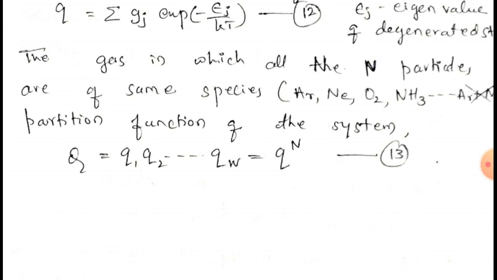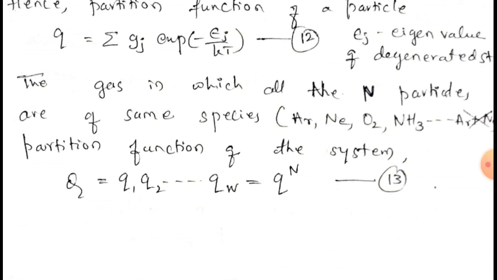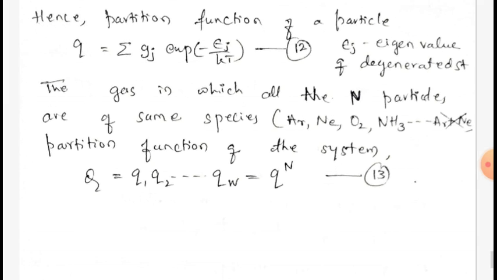And here small q indicates the partition function of a particle. And this is about the relation between the partition function of a system and the partition function of individual particles.